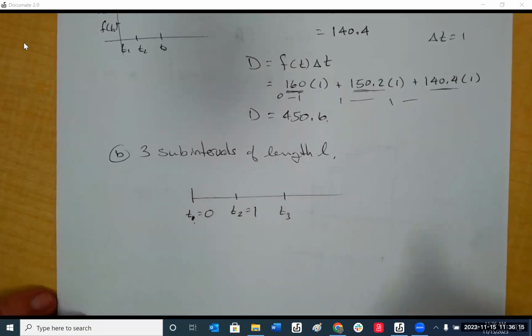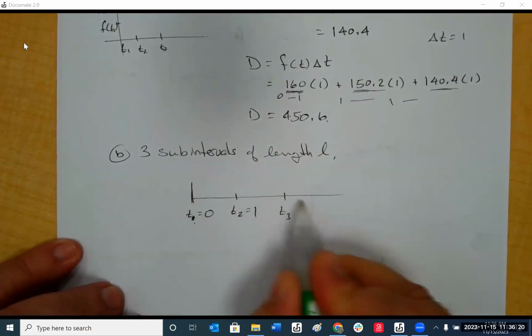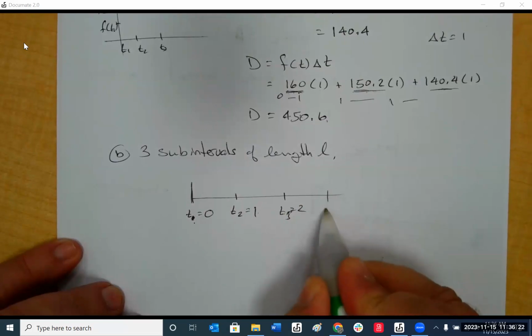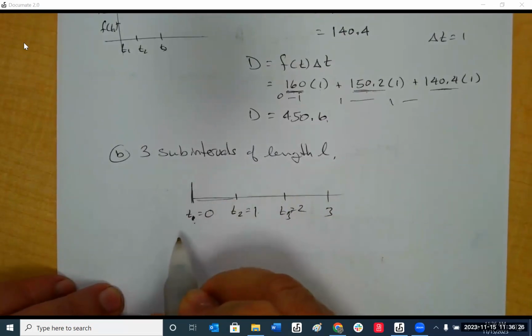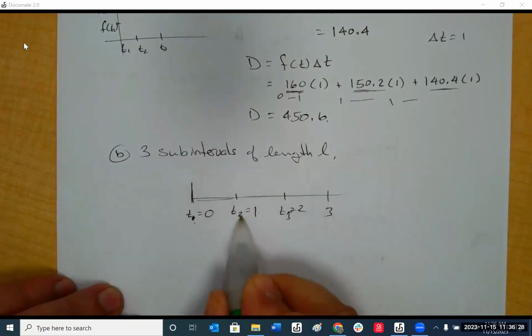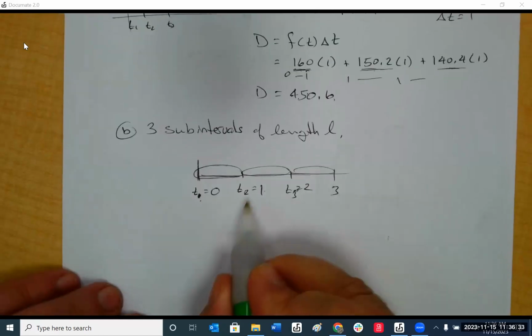This one's going to start off at 0, because we're looking at from 0 to 1, 1 to 2, 2 to 3, 1 interval. So this is 0. This is our first time period, so it finishes here, here, and here.